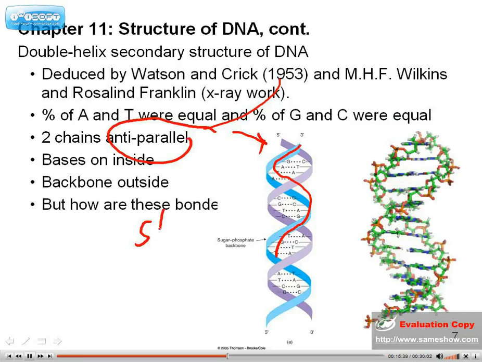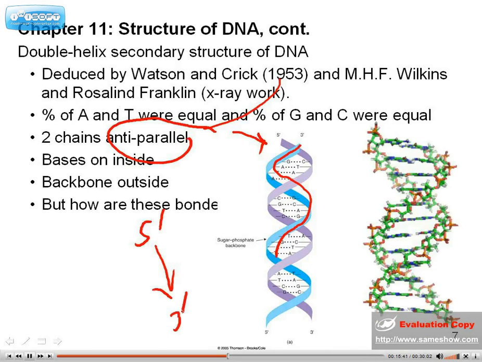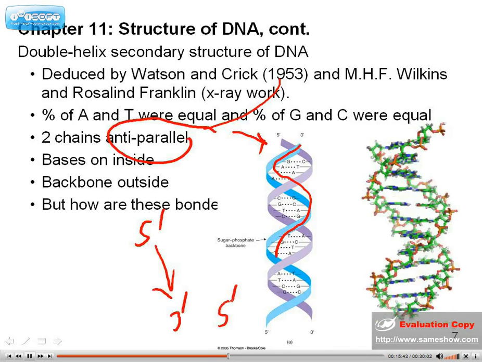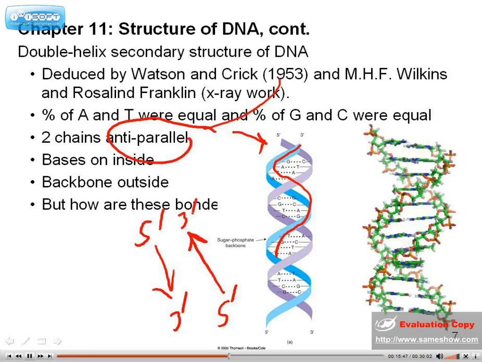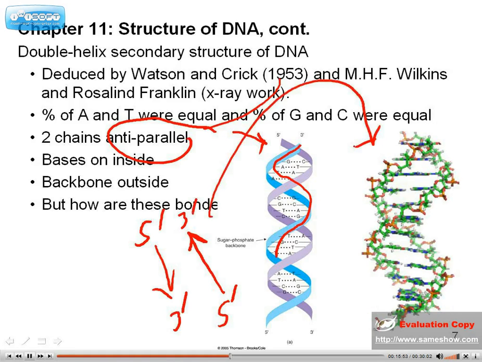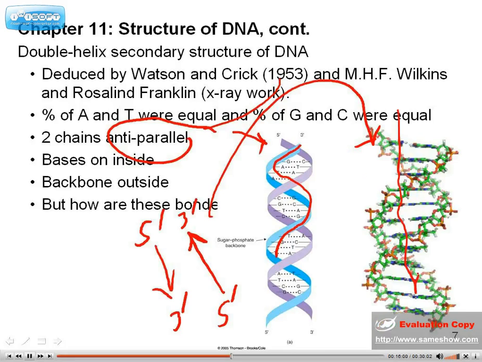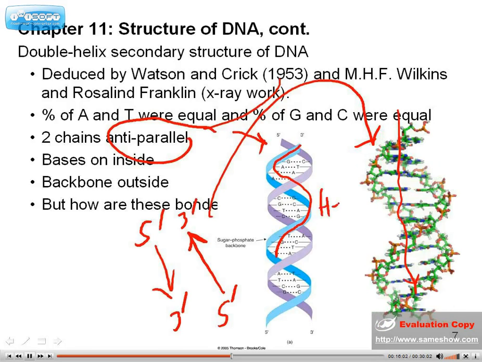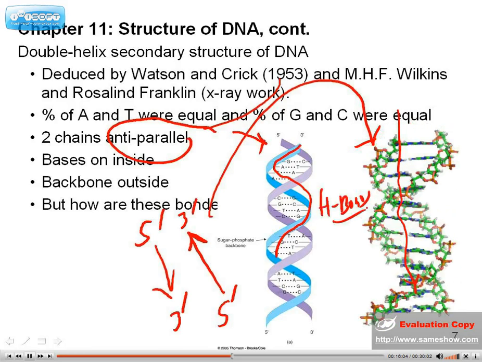So if one end is 5' to 3', the other end is going to be the opposite direction, 3' to 5'. And it's wrapped together, forming a nice double helix, where the amines are facing the inside and the two strands are held together via hydrogen bonds.